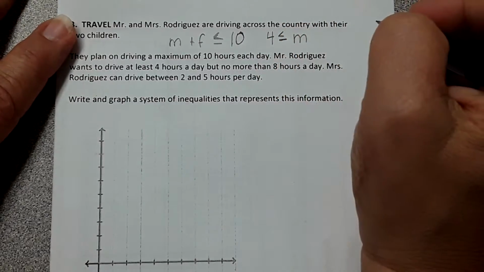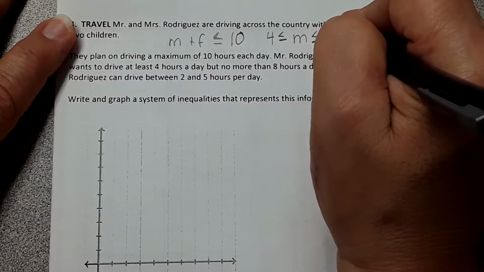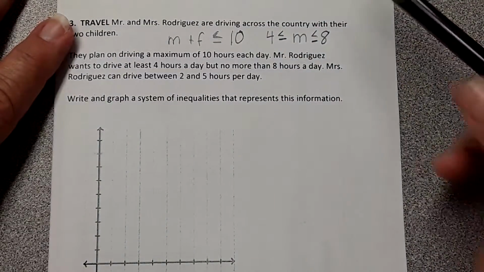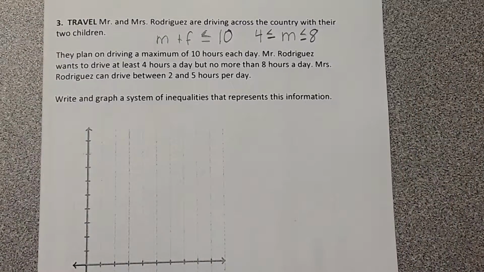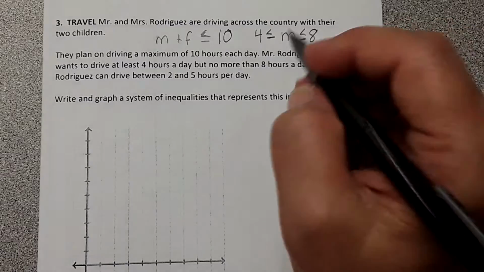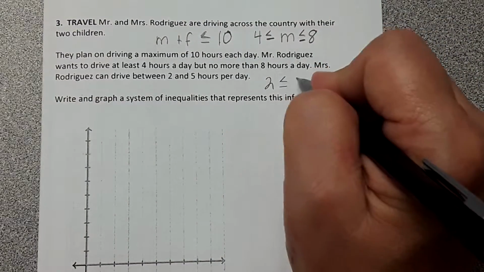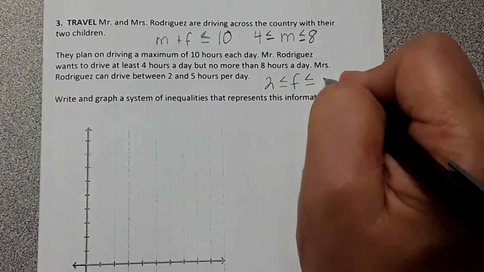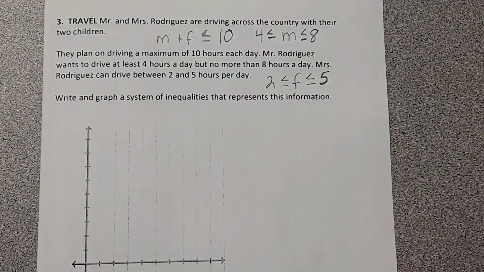Will he drive 8? So he'll drive 4 and 8, but no more than 8. Okay, now what about Mrs. Rodriguez? And that's less than or equal as well. So we have 3 lines that we have to draw.